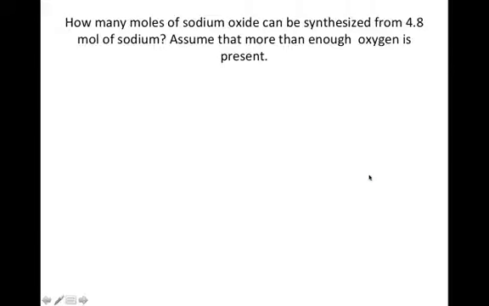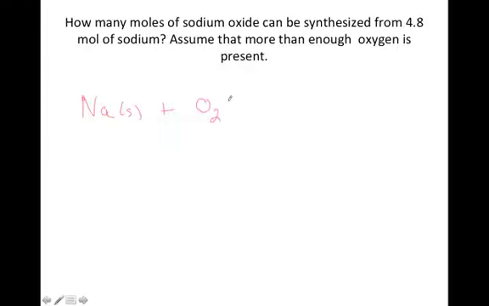What if we have a problem that says how many moles of sodium oxide can be synthesized from 4.8 moles of sodium, assuming that more than enough oxygen is present?